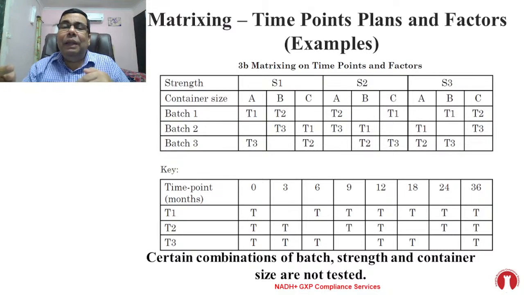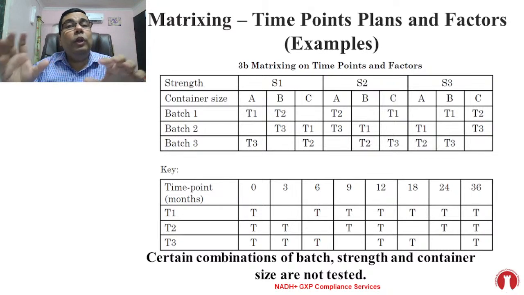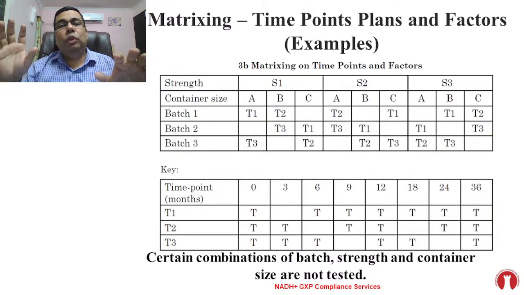If I am skipping a particular time point, batch, pack, or strength, then how will it be justified by considering the results of the other batch, pack or strength? You need to have that thought process.